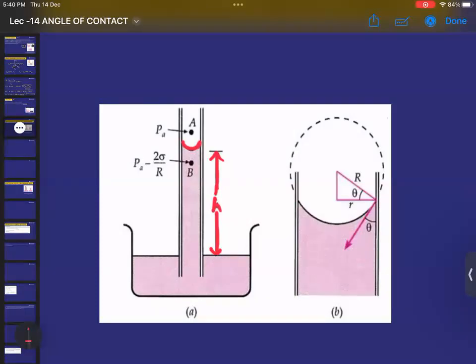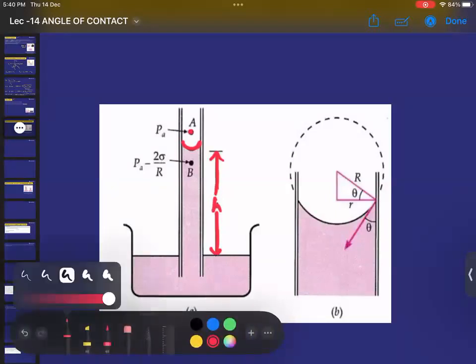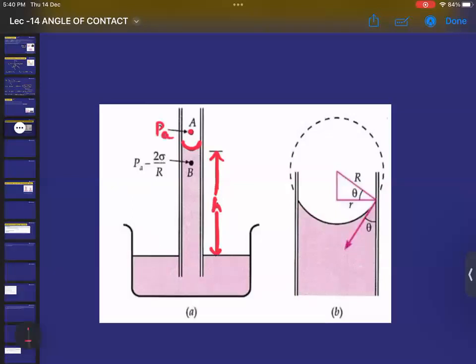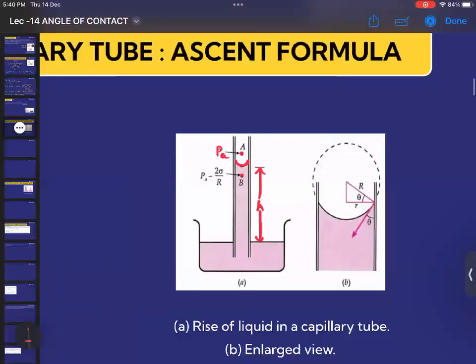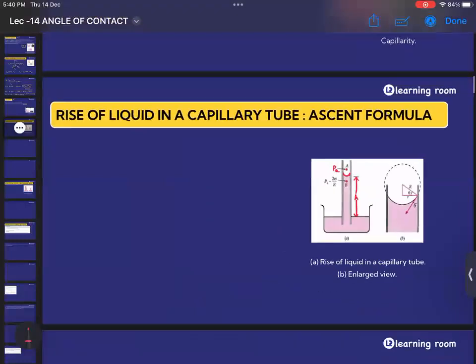Now, for this concave meniscus being formed, we know that the pressure on the concave side is greater than on the convex side. Point A is the one which is exposed to the atmosphere. Let us call the pressure at that point PA. Now, what will be the pressure at point B?